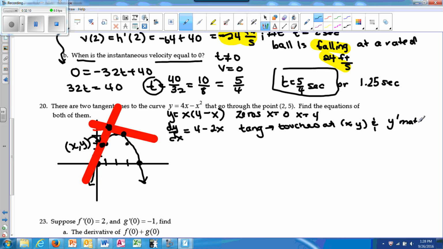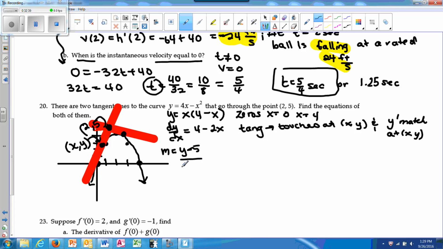Every line in the whole world has a slope that we could find with two points. So we're going to let the point on the curve be an x, y point. Our derivative is 4 minus 2x.